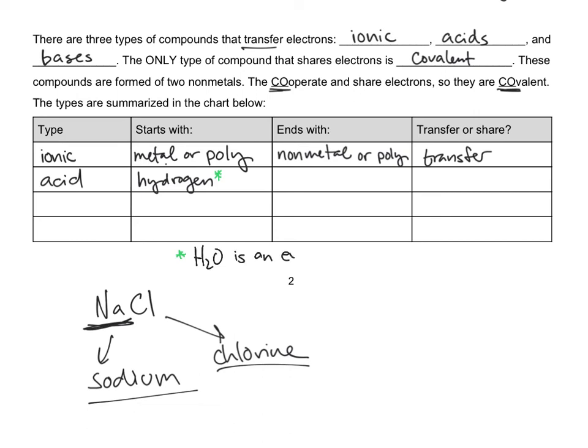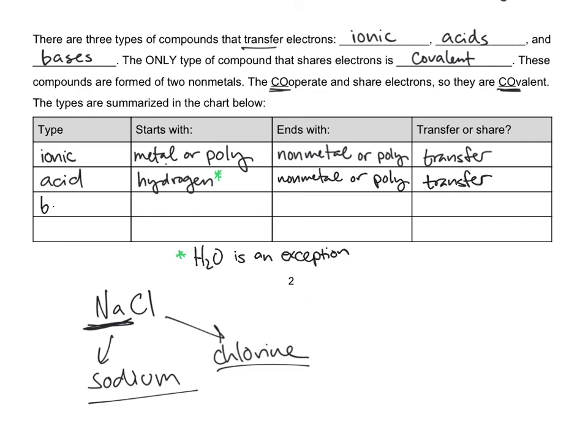And I'll talk a little bit about that at the end if you're interested. Water is an exception. Anything else that starts with hydrogen is an acid. And acids can end with a nonmetal or polyatomic. And acids will transfer electrons.